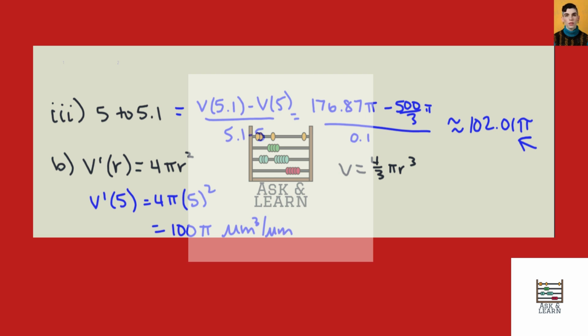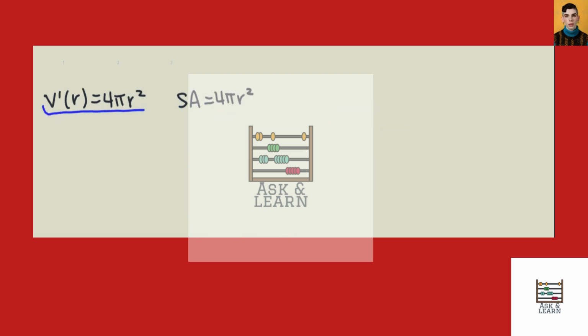Okay, for part C, we notice that the rate of change of volume was 4 pi r squared, and we know the surface area of a sphere is also 4 pi r squared. So we notice that those are equal. And we're going to take a geometric investigation into what's going on here.